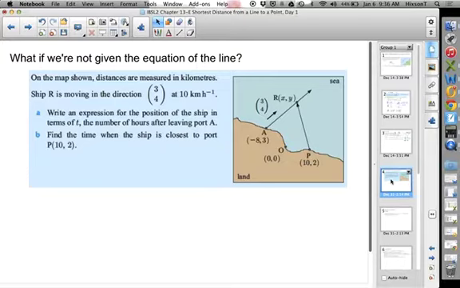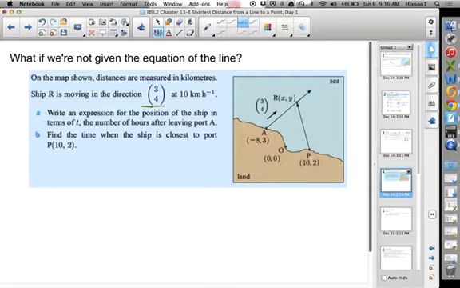So now, what is the magnitude of this vector 3, 4? It's 5, okay? You might recognize the Pythagorean triple, 3, 4, 5. So the magnitude of this is 5.